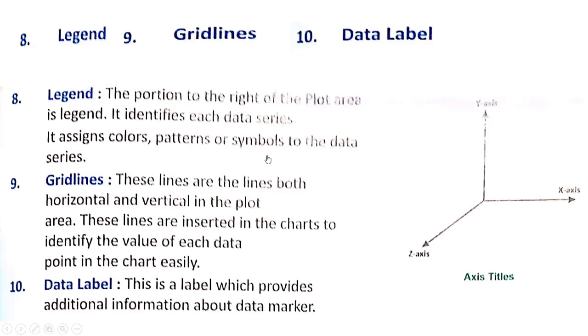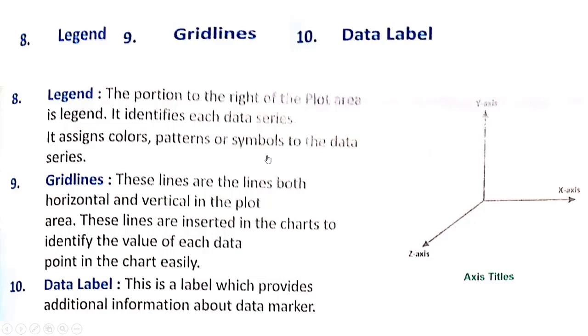Legend. This is the important one. The portion to the right of the plot area is legend. It identifies each data series. It assigns colors, patterns or symbols to the data series. Grid lines. These are the lines, both horizontal and vertical, in the plot area.